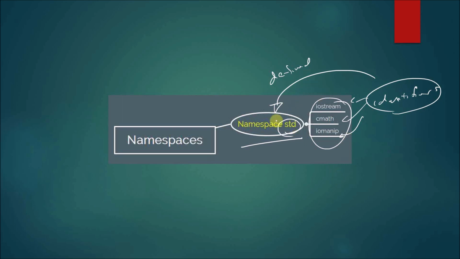All right. So each of these header files that we've been using to input, output, to do calculations, and to do formatting had identifiers that were defined in namespace standard. That's why when we said using namespace standard earlier, we were able to access those identifiers without any problems.